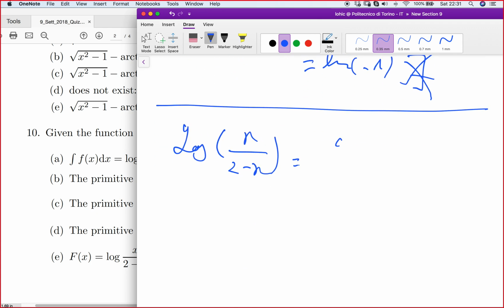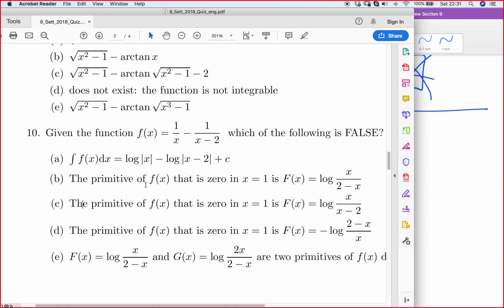But the primitive of f of x that is 0 at x equal 1 is the log of x over 2 minus x.